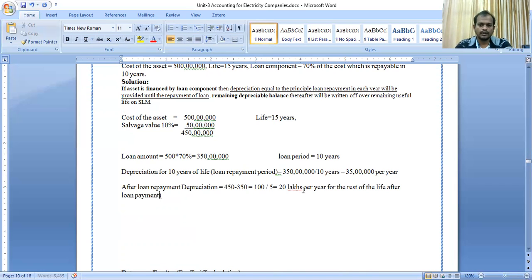Again, I am mentioning it. So this is how we have to calculate the depreciation.